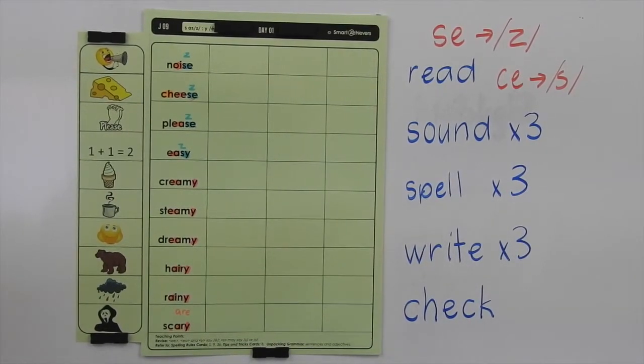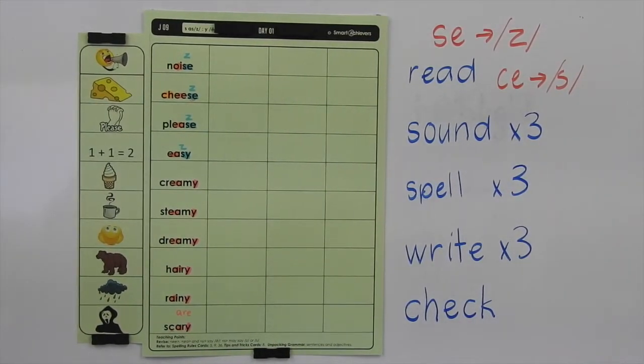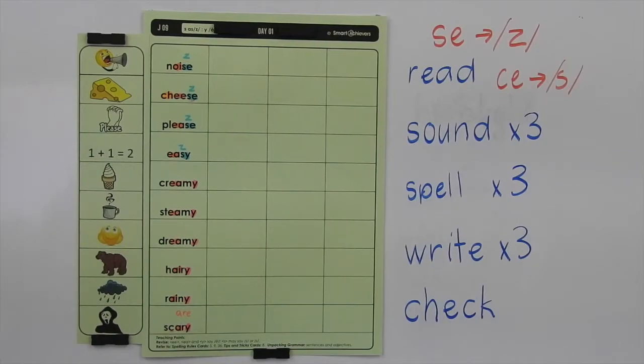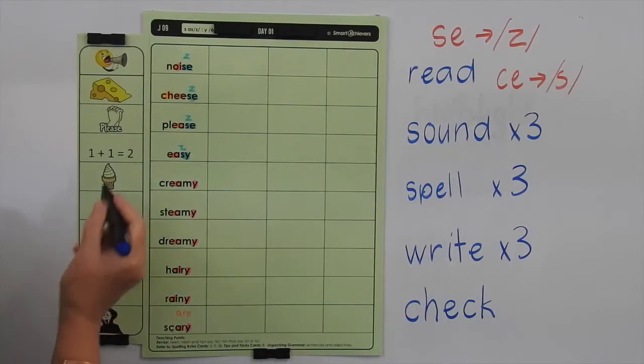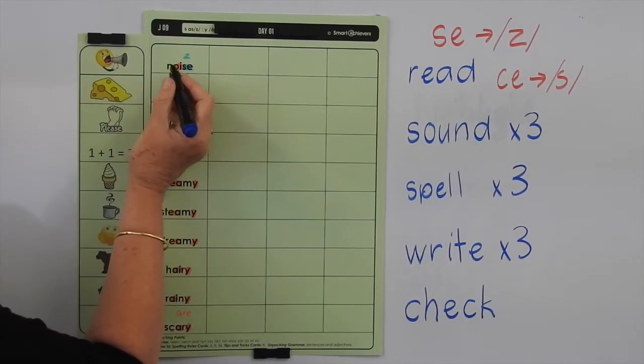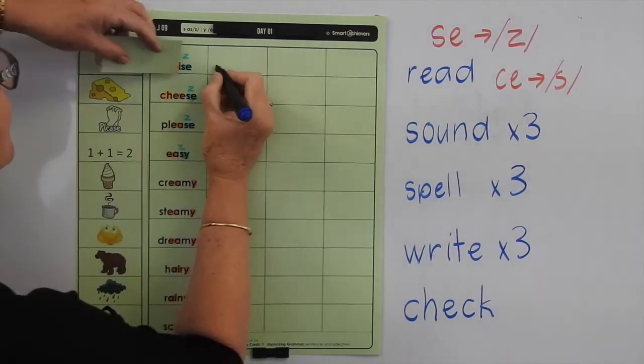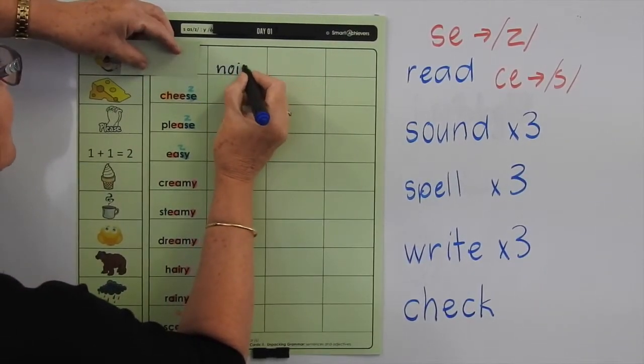Okay, let's read the word, sound the word, spell the word. So we've got noise, noise, N-O-I-S-E. Cover it and write it.